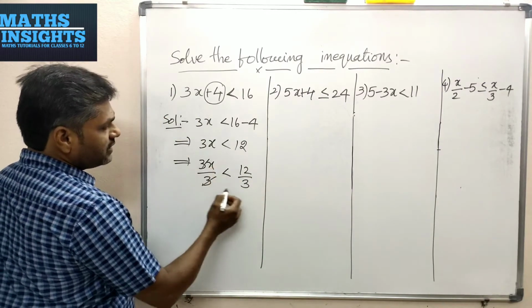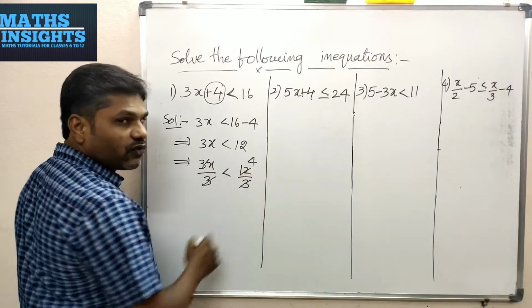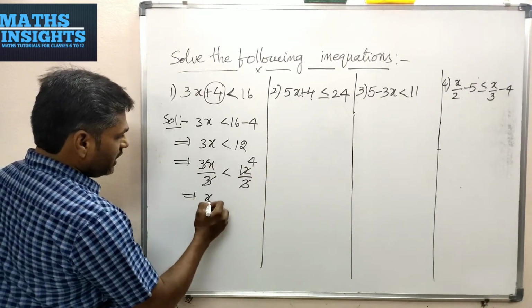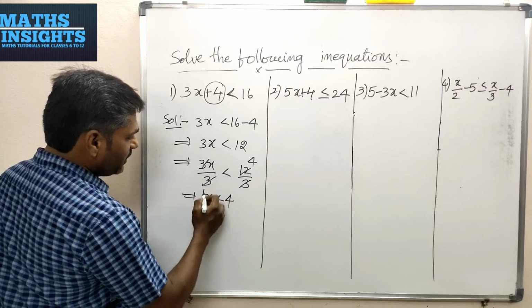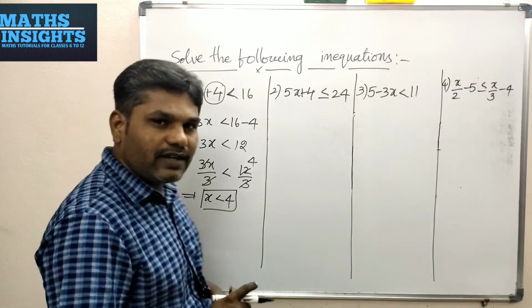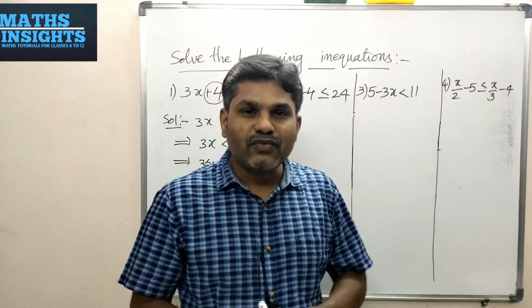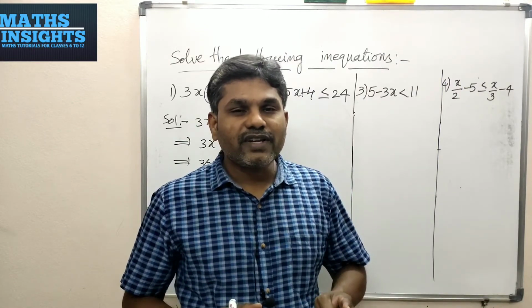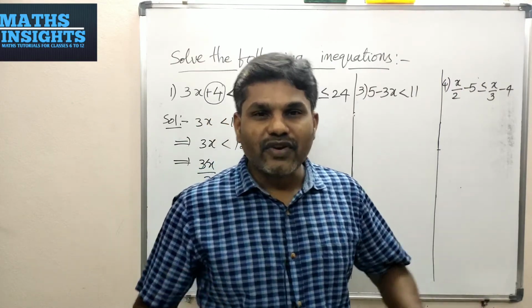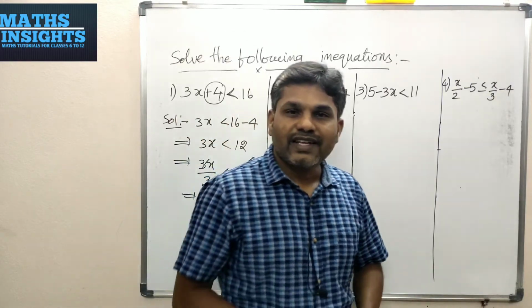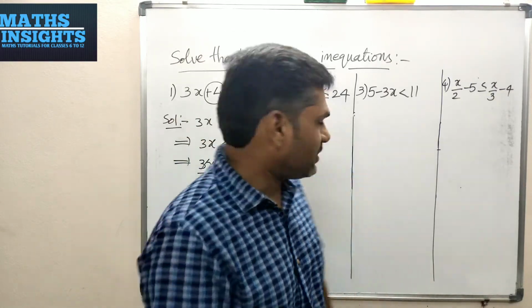So 3 cancels here. 3 fours are 12. That implies x less than 4, means the x value lies in the region where you have the values which are less than 4. Can you say how many? You cannot say. They are infinite. That is the difference between equation and inequation.